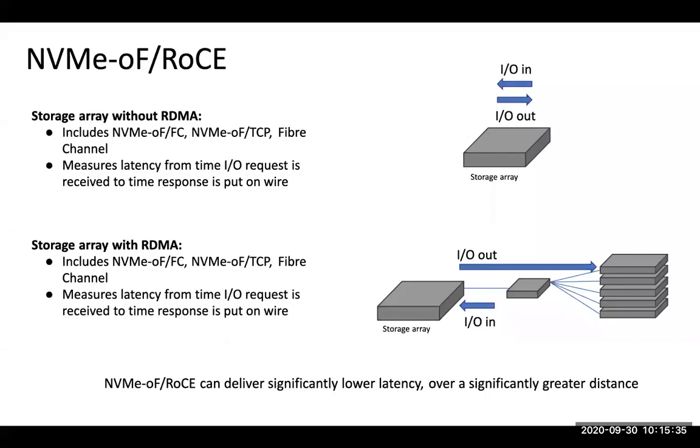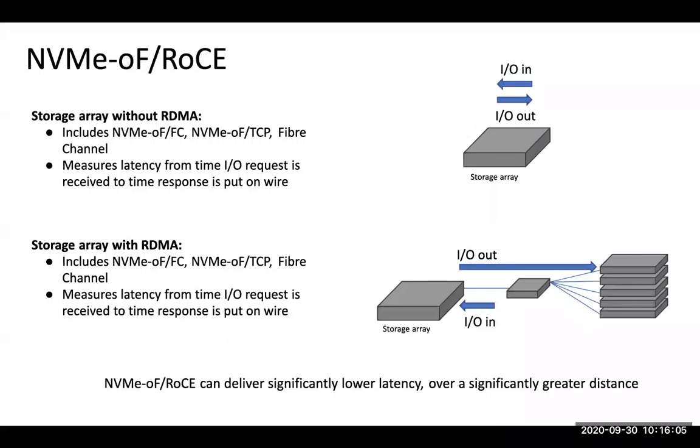We're talking about from the time the storage array receives the request up until the time that data is actually put into system memory of the host system that's making the IO request. So we're not just talking about latency within the array. We're talking about latency within the array, back out over the network and into system memory so it can be used by your applications. So that's the thing to look at with NVMe-oF, with RoCE.